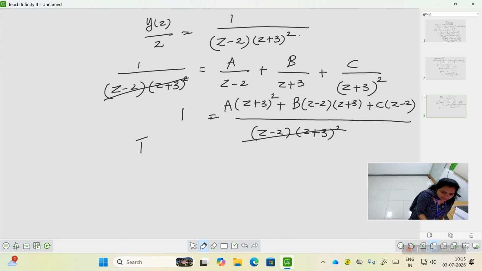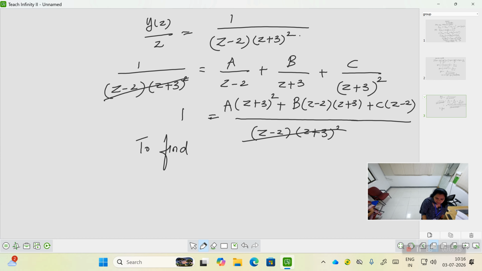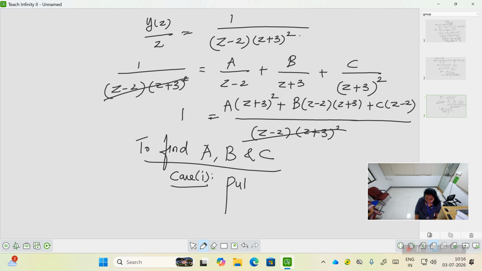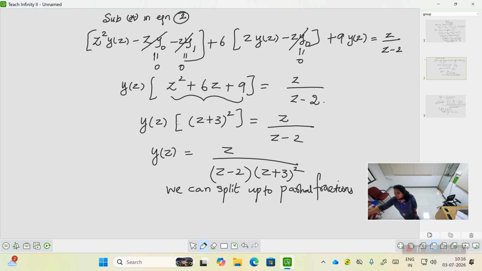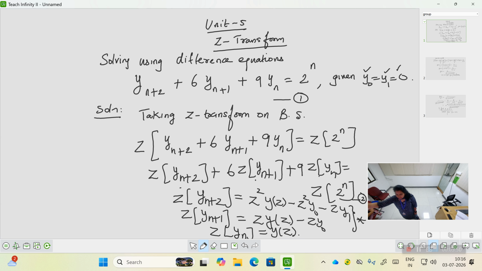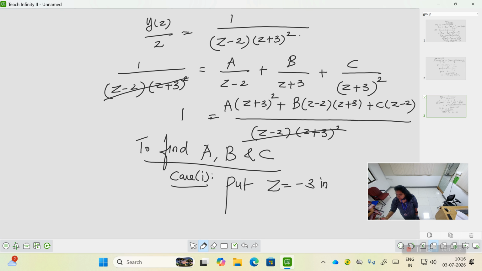So we have to find the constants A, B and C. Case 1: put z equal to minus 3, in equation 3.